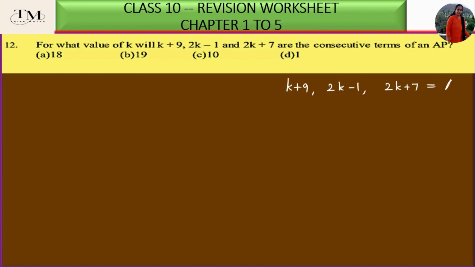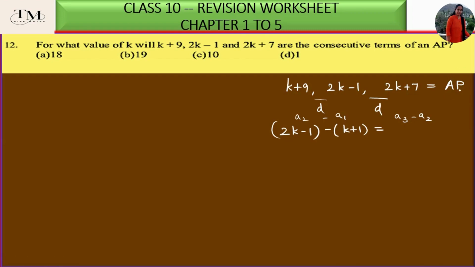So they are forming an arithmetic progression. So if it forms an arithmetic progression, their common difference d will be the same. So if we subtract the second term minus the first term, that is 2k minus 1 minus k plus 9, A2 minus A1, it should be equal to A3 minus A2.